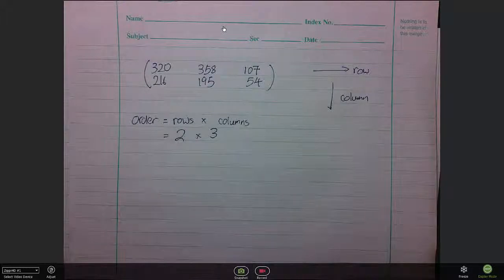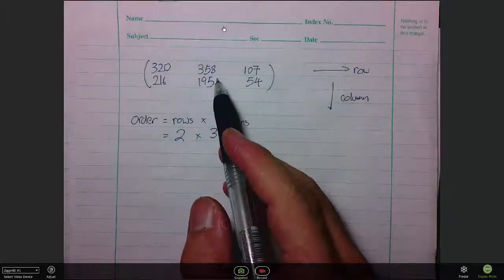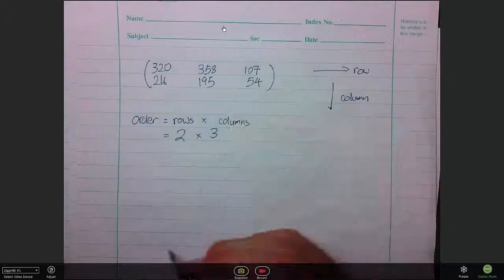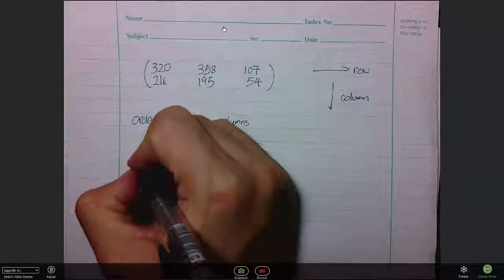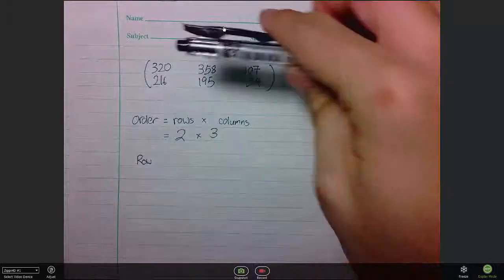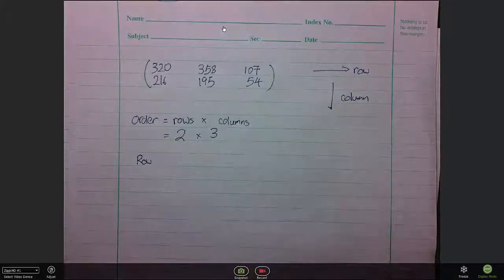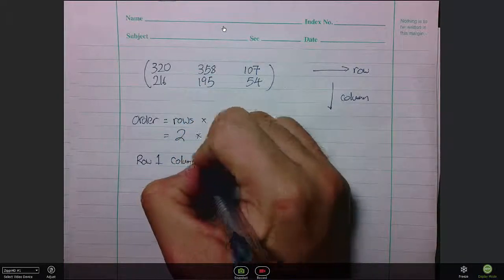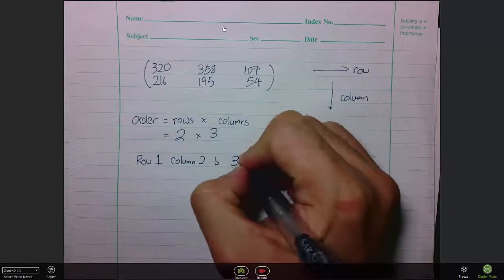Okay, next thing is how do we get the data from the matrix. For example, if I want a certain data, let's say 358, it is row 1, because this is the first row, and 1, 2, second column. So row 1, column 2 is 358.